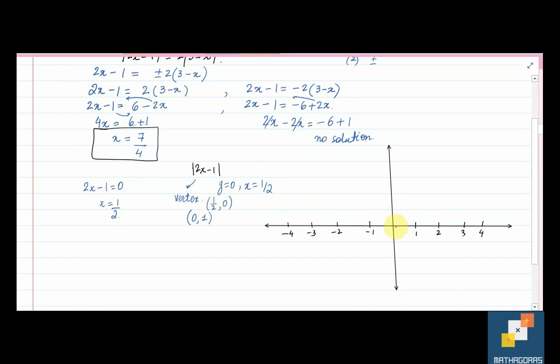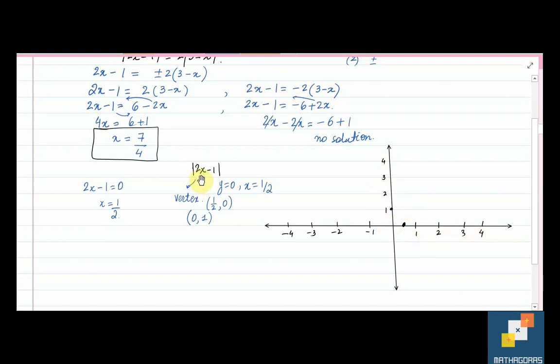So let's suppose this point here is 1/2, 0.5 and 0, and the other point is 0, 1. So we got 2 points, that means we can plot the curve. Or if you want to know the behavior, we will assume one more value of x.